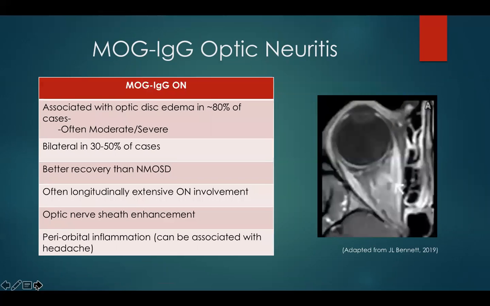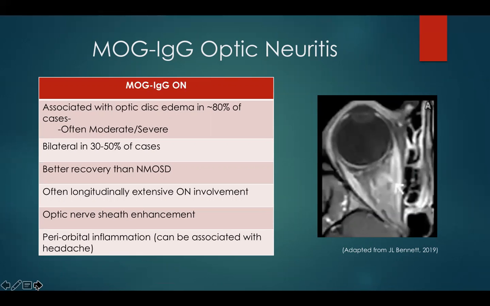Some other interesting features about the optic neuritis. About 80% of patients will present with optic disc edema, and I'll show you a photo of that in a second, and it can be moderate to severe. Almost half of patients with anti-MOG will have bilateral optic neuritis. Like I mentioned, the recovery is better than with NMO spectrum disease, and it's pretty often that you'll have longitudinally extensive involvement of the optic nerve with MOG optic neuritis.